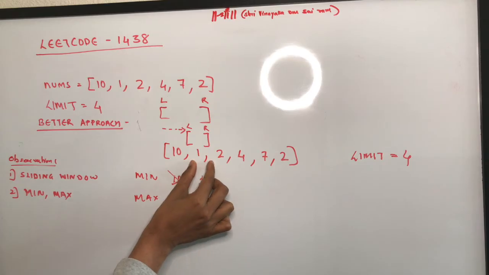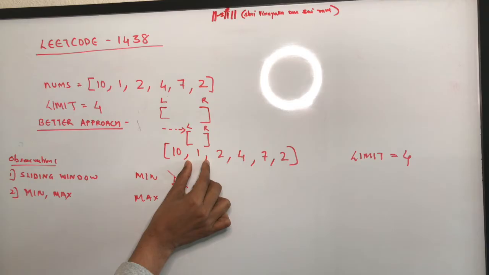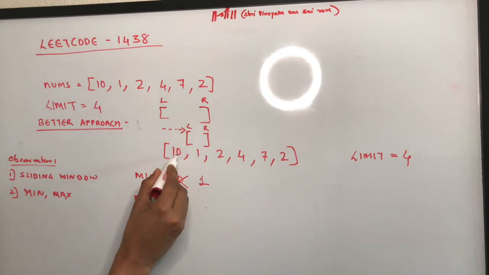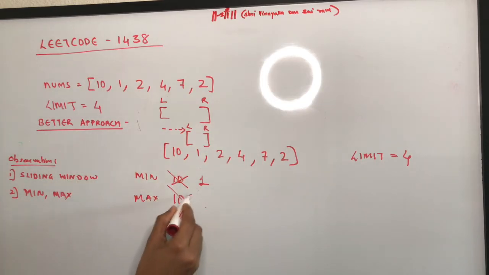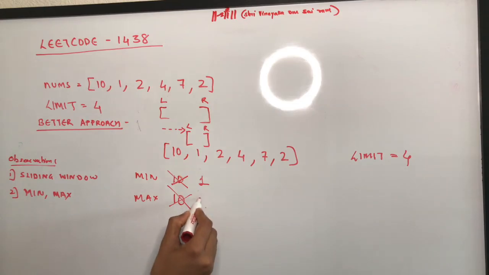So for this, because we are shrinking the window on the left, we will have to exclude 10 from these two variables wherever it is present. So in this case, 10 is falling out of the window, so we'll have to make sure it goes out, and now your min is going to be 1 because 1 was your min, and your max also becomes 1.